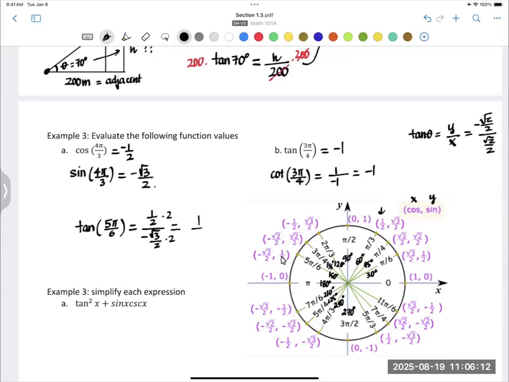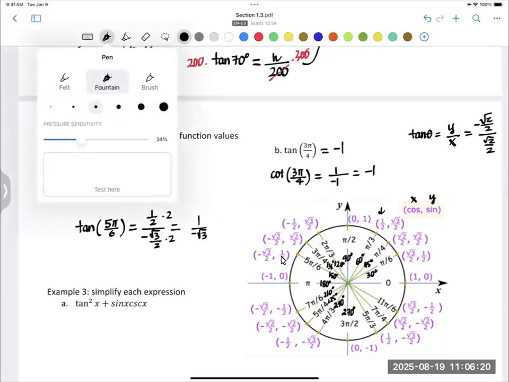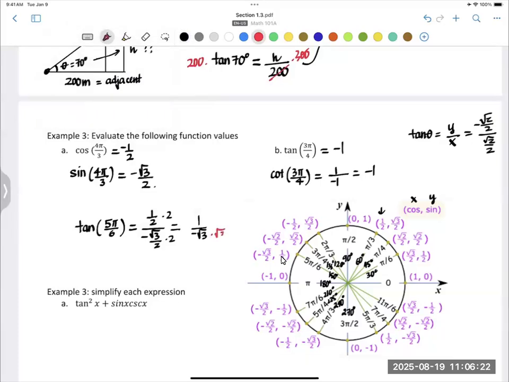You will have 1 over negative root 3. And rationalize by multiplying the square root of 3 on the denominator and the numerator. Then the answer becomes negative root 3 over 3. So tangent of 5 pi over 6 is negative root 3 over 3.